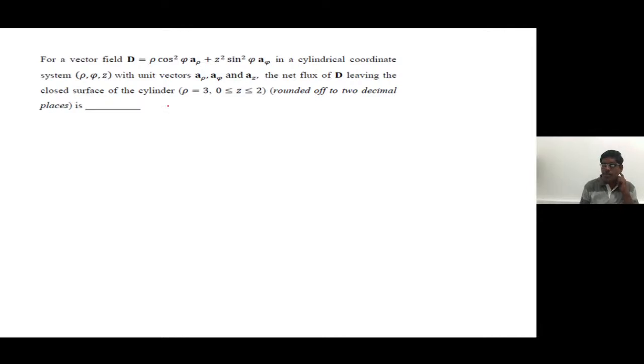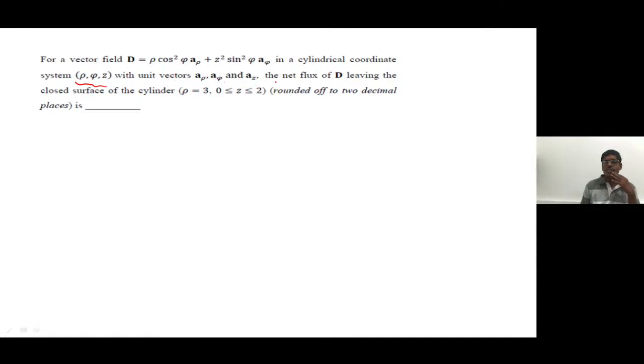A capital letter being bolded means that quantity is a vector quantity, and xyz are Cartesian coordinates, rho phi z cylindrical coordinates. So the question is, for a vector field D equal to rho cos square phi a rho plus z square sin square phi a phi in a cylindrical system rho phi z, with unit vectors a rho, a phi and az.